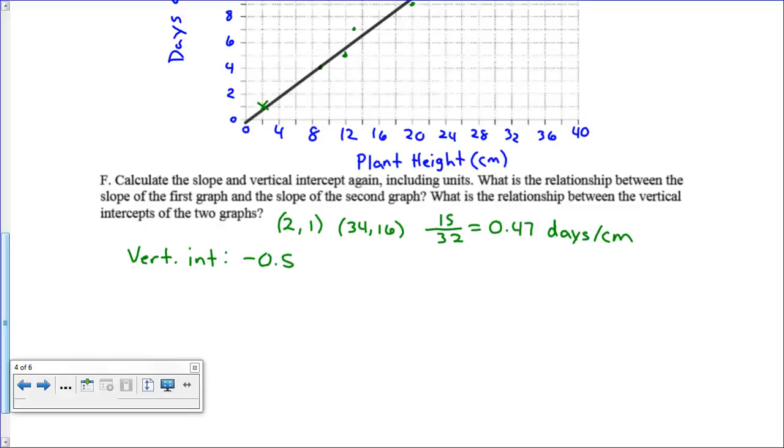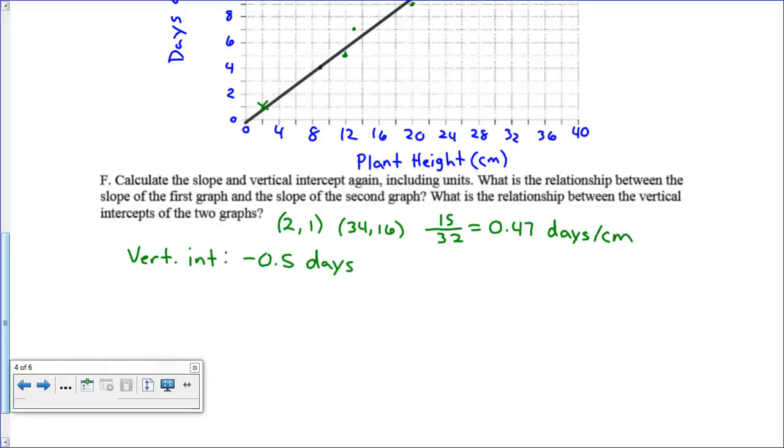And in this case, since we're looking at the y-axis, that would be days. This would be the days of growth for when the plant was 0 centimeters tall, or it would indicate that it was 0 centimeters tall about 0.5 days before we started observing the plant, or something like that.